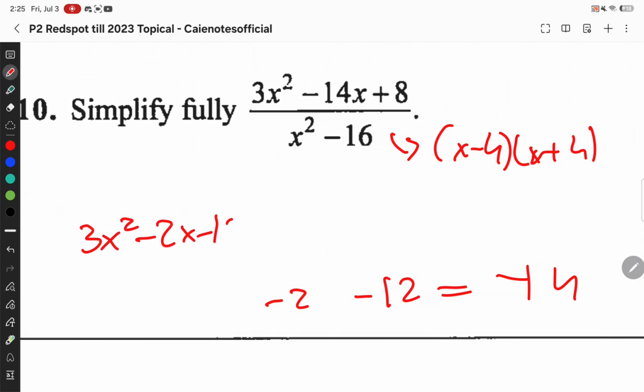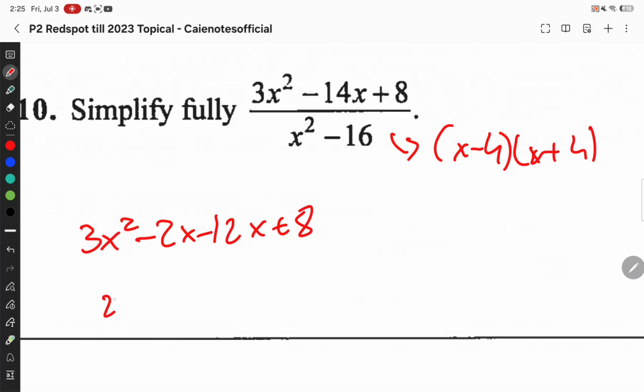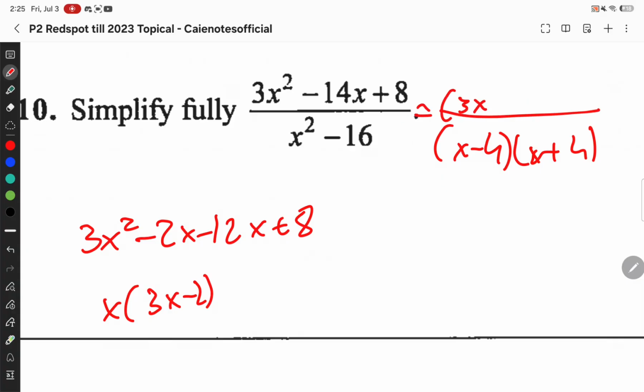Negative 2x minus 12x plus 8 is equal to 3x minus 2 minus 4 plus 3x minus 2.